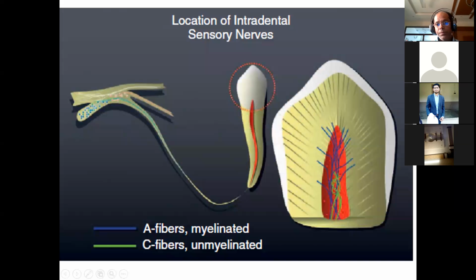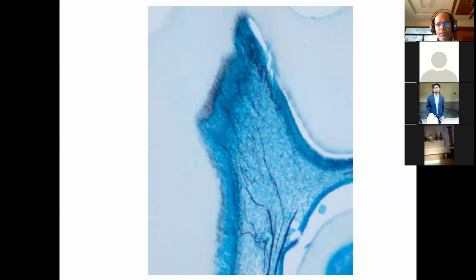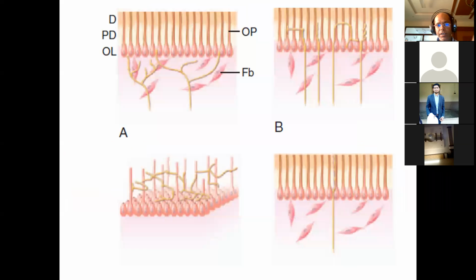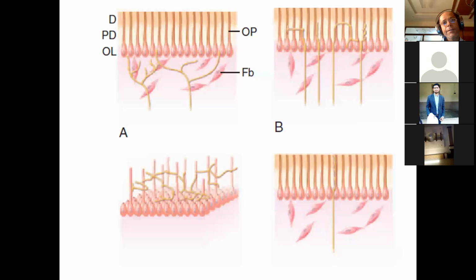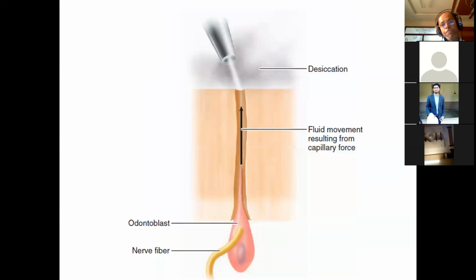You can see blue and green, the distribution of the A delta fibers and the C fibers. The A delta fibers in the pulp horns are very sensitive. When you open the pulp chamber and touch the pulp horns, they are very sensitive and painful because of the A delta fibers present there.